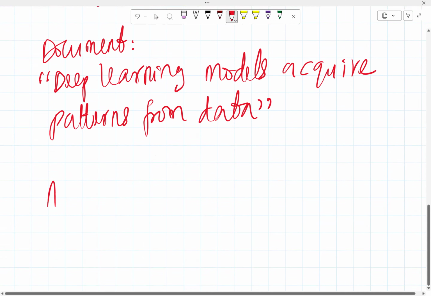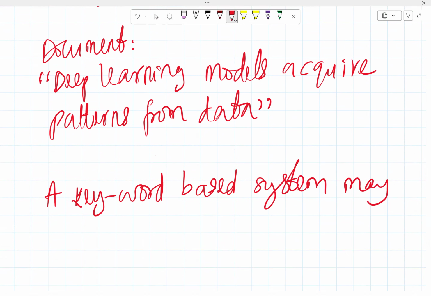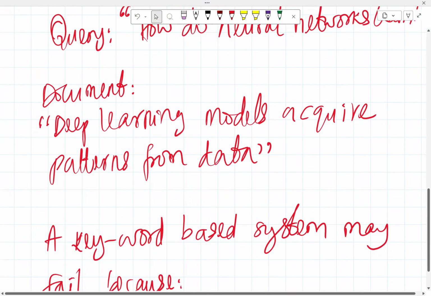So you see that a keyword based system may fail because, if you look at the query and the document, there's no word matching exactly.